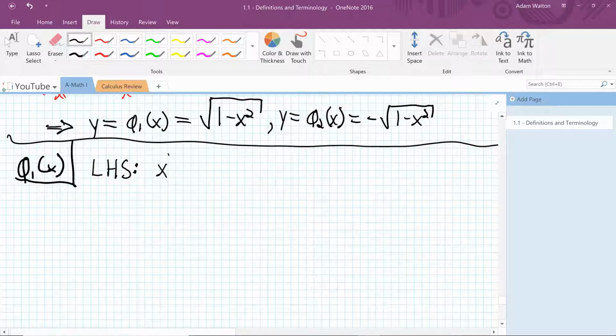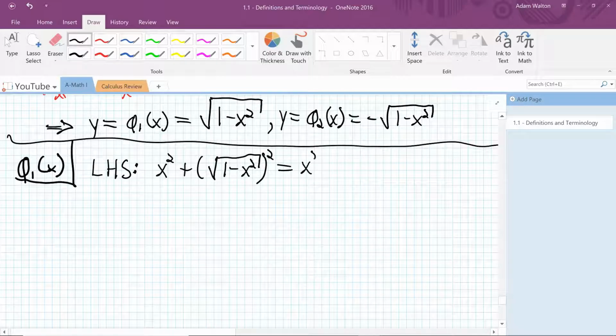So we have x squared plus y squared, but we're saying that y is also equal to phi 1 of x, so the square root of 1 minus x squared quantity squared, which is equal to x squared plus this squared, which is just going to simply cancel that square root.